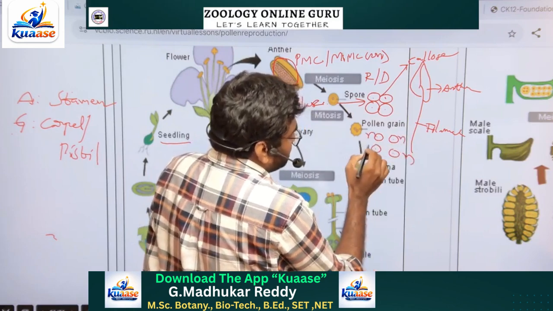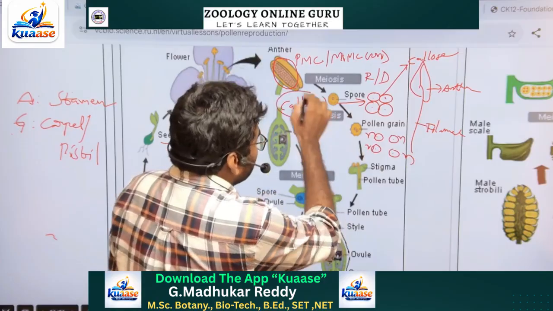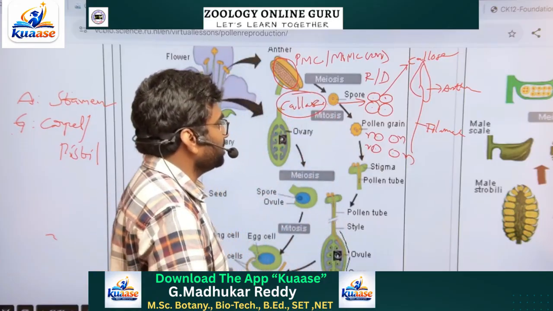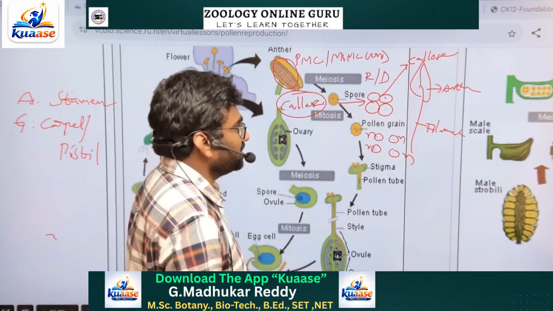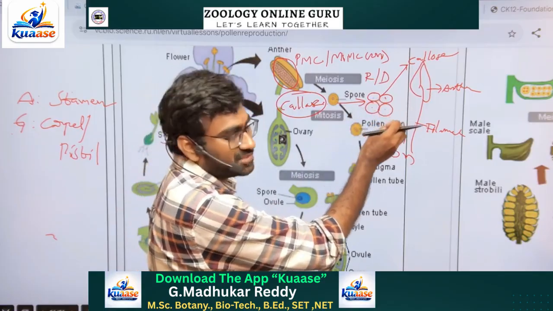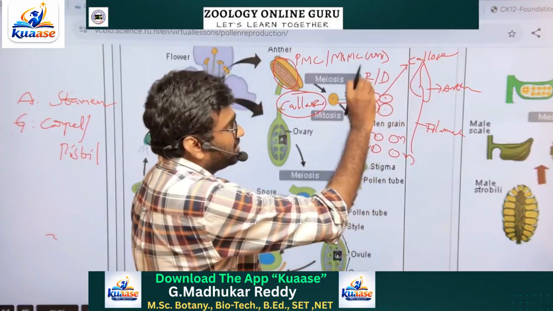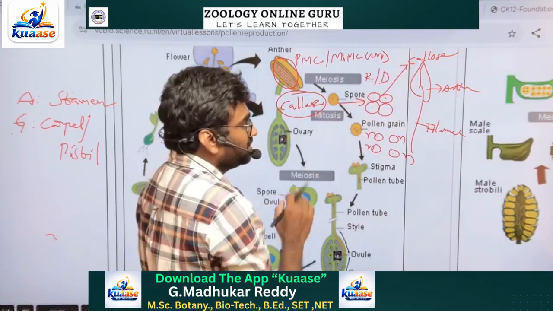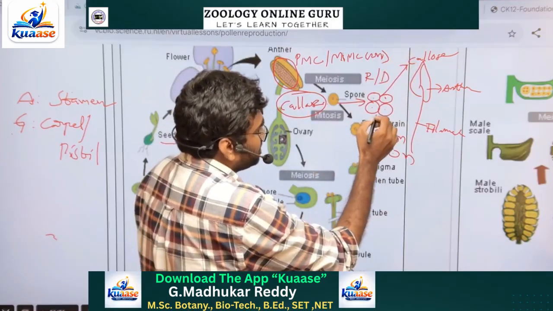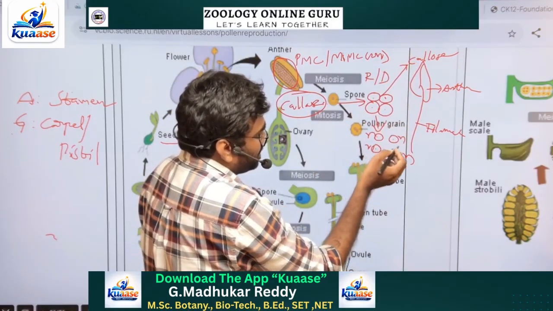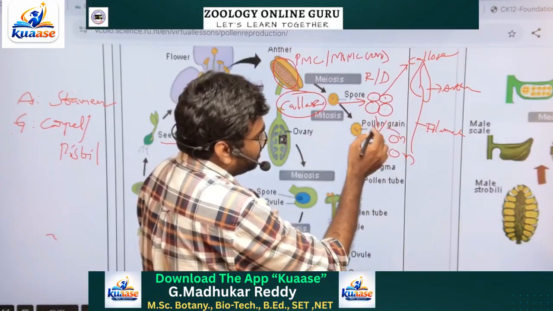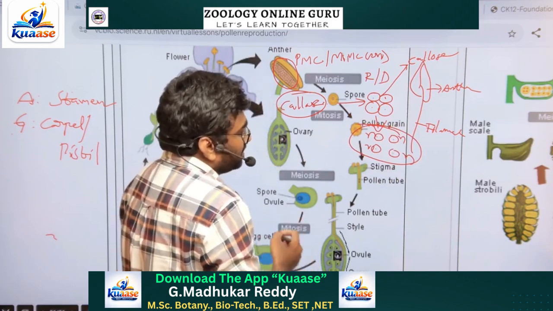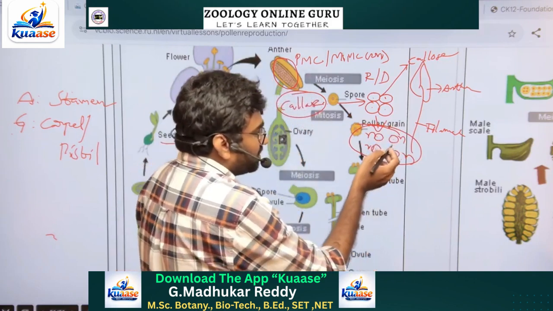This dissociation is due to the enzyme callase as well as due to dehydration. The enzyme callase is involved in the dissociation of these microspores by breaking the callose, so that the tetrads now become free microspores, or pollen grains.